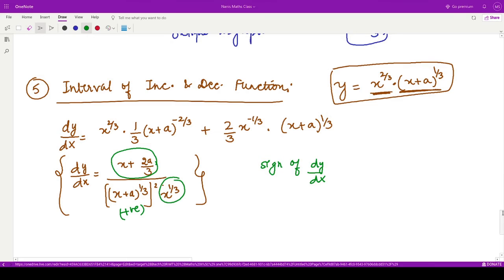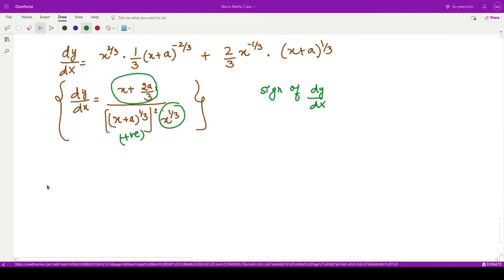For increasing and decreasing function, we have this result that whenever dy by dx is greater than 0, we have the interval for increasing. So in that particular interval, our function is an increasing function, and whenever dy by dx is less than 0, in that particular interval, our function is a decreasing function, right?